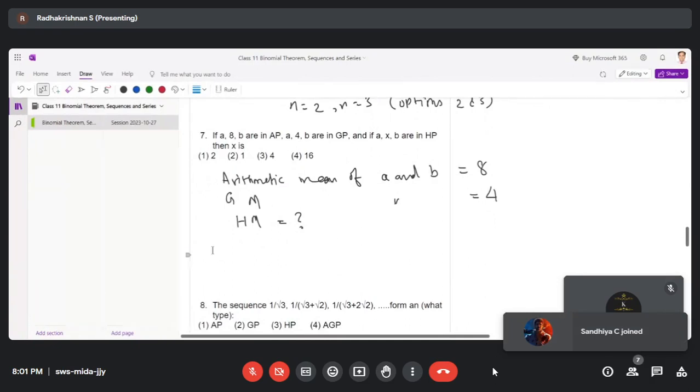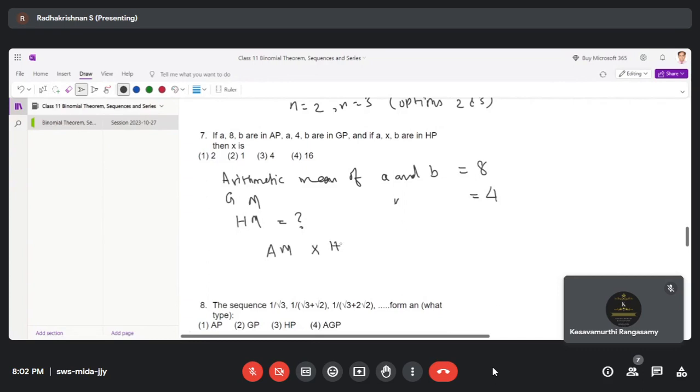So what is the relationship between AM, GM and HM? So using that only we can say. So what is the relation between the three means AM, GM and HM? The relation is AM into HM equal to GM square. Basically, AM, GM and HM, they are in geometric series.